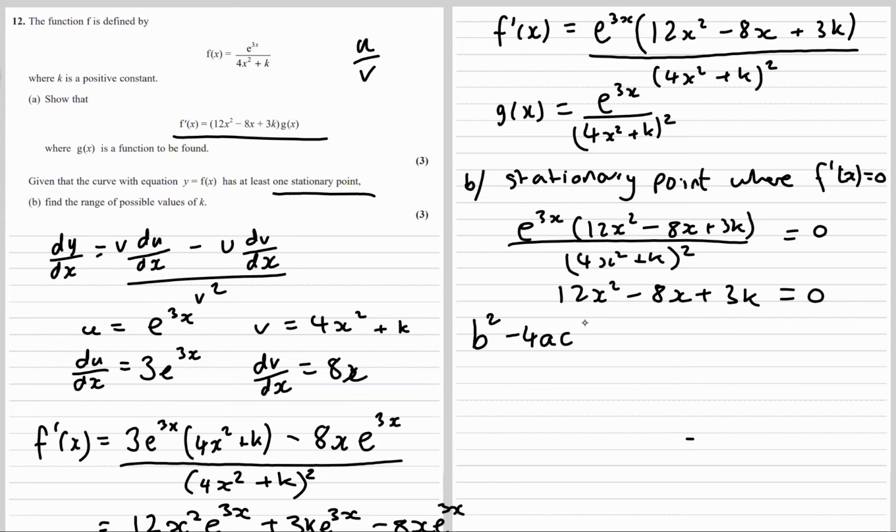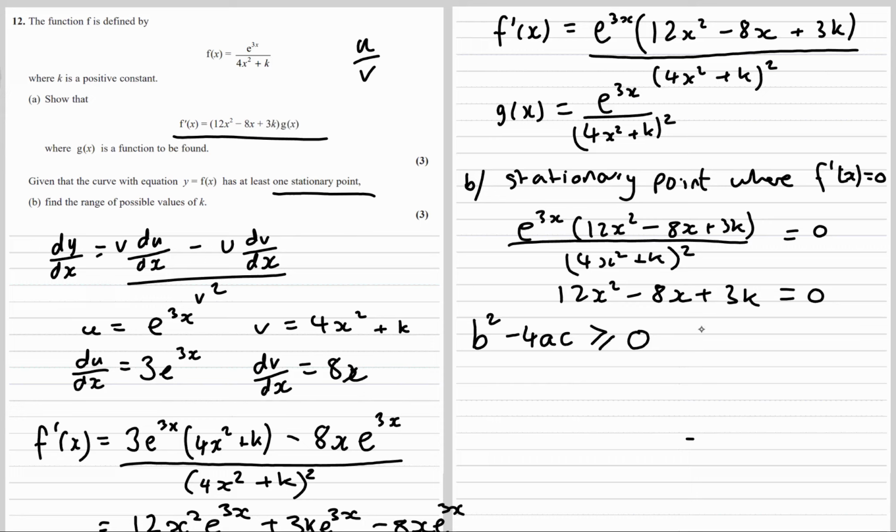It's where b squared minus 4ac is bigger or equal to 0. So to have one stationary point, it's equal to 0. Have two stationary points, it would be bigger than 0. So b squared minus 4ac must be bigger or equal to 0.